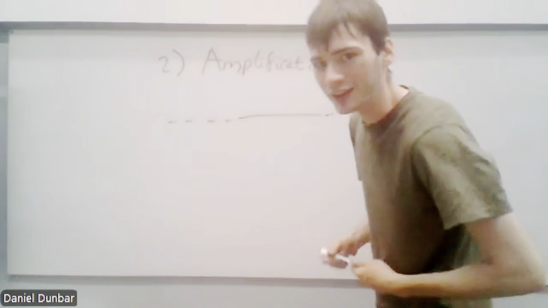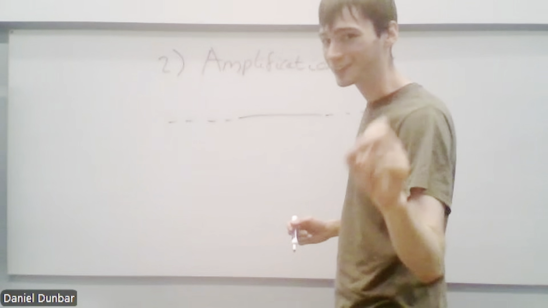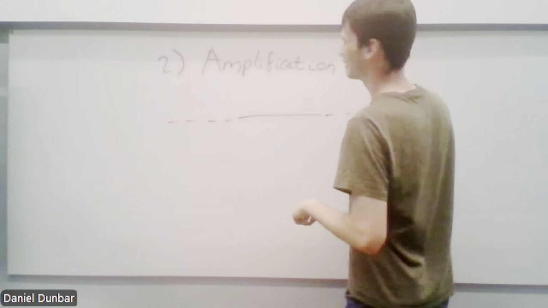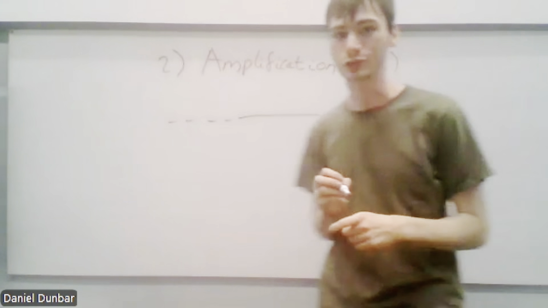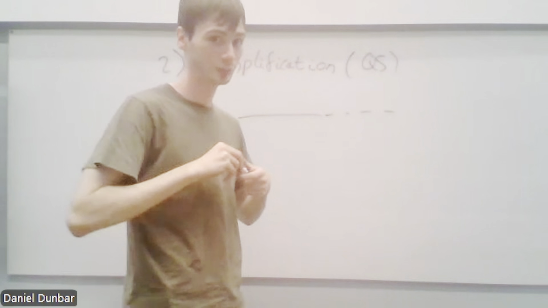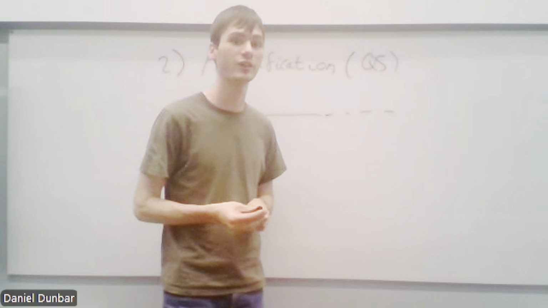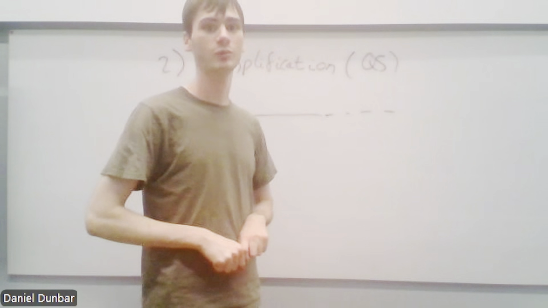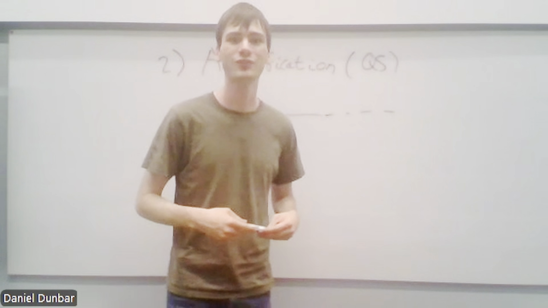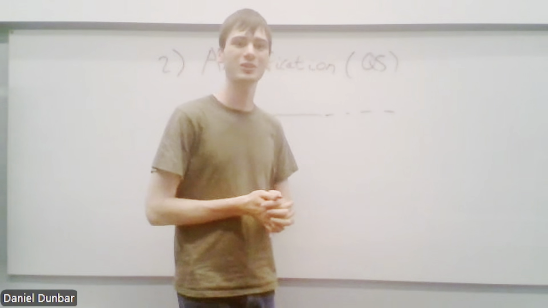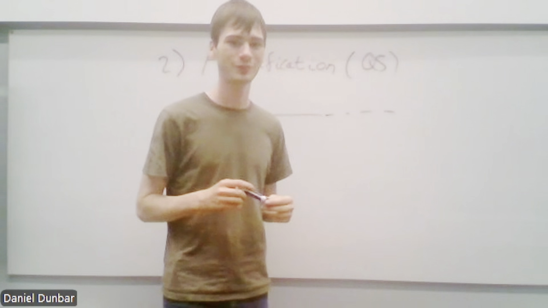And the reason that I said it leads me on is because amplification takes a different polymerase. It takes a higher fidelity polymerase, usually Q5, which has about 1,000,000-fold higher fidelity than Taq, which means it makes 1,000,000-fold fewer errors, which is pretty good, especially when you want your sequence to be perfect.